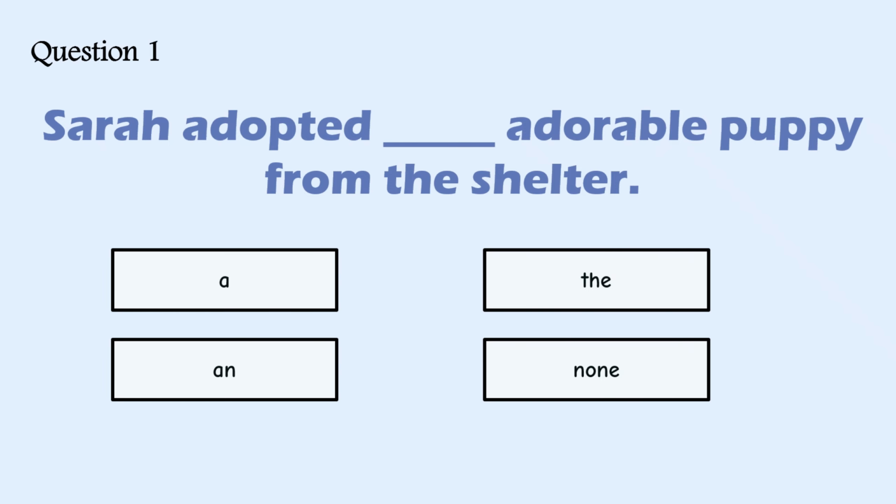Question 1. Sarah adopted dash adorable puppy from the shelter. The correct option is an. Sarah adopted an adorable puppy from the shelter.